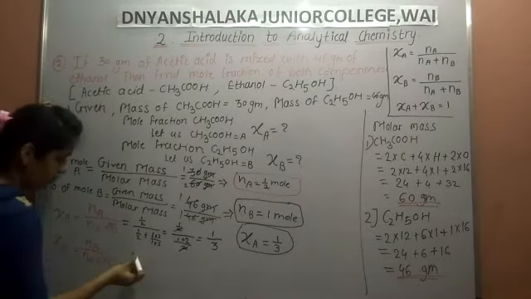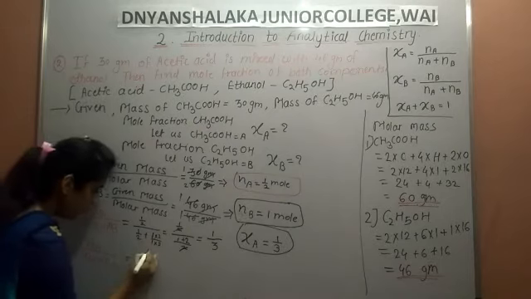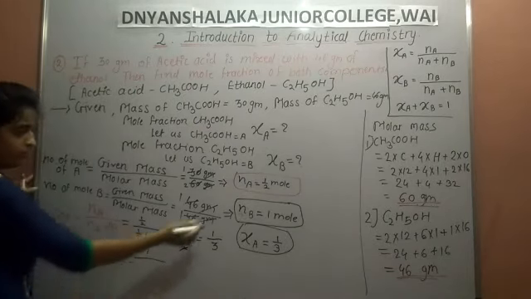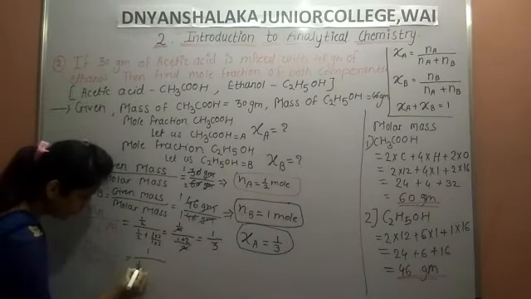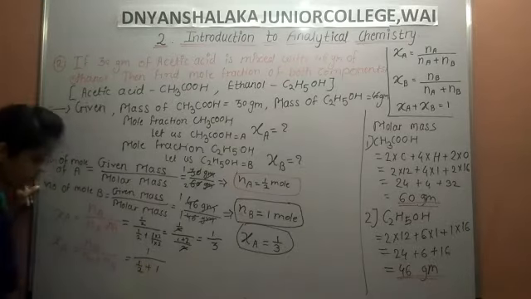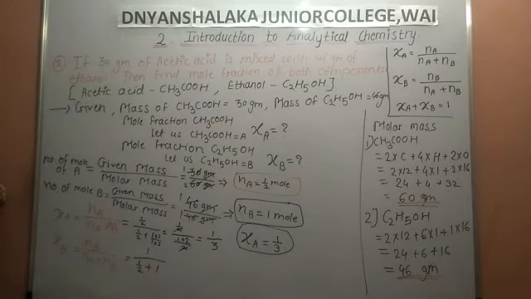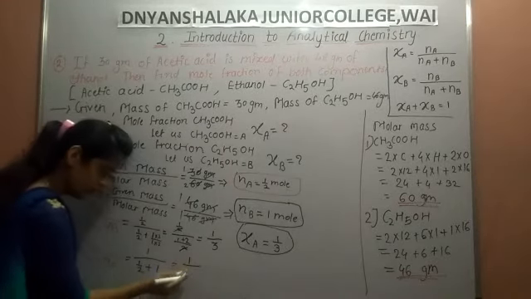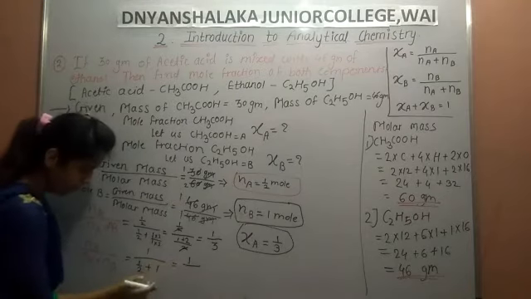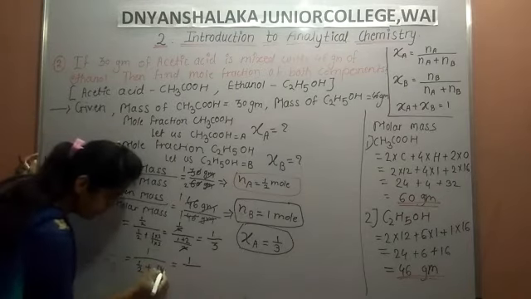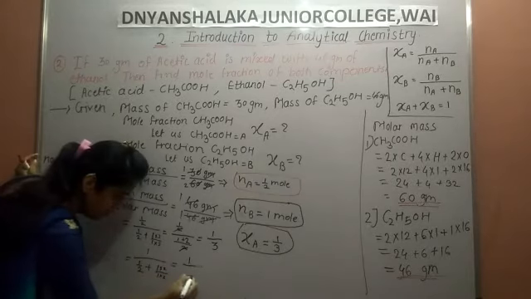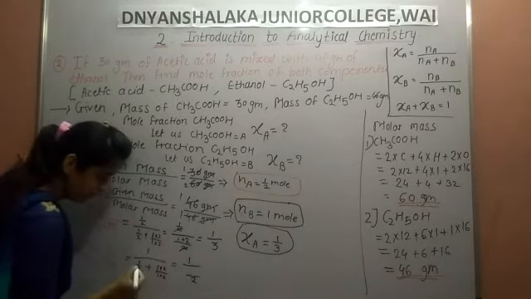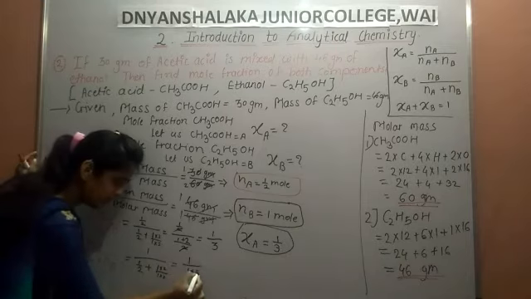Putting the values in the equation: the number of moles of B is 1, divided by the number of moles of A component, 1/2, plus the number of moles of B component, 1. Again the numerator is only 1, and in the denominator we make the same denominator and get 1 plus 2, 3.